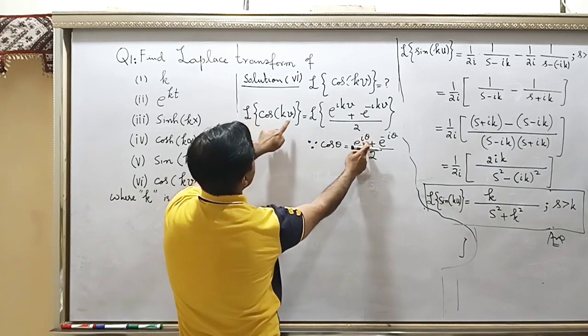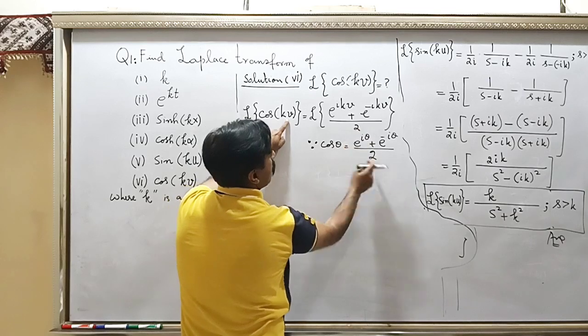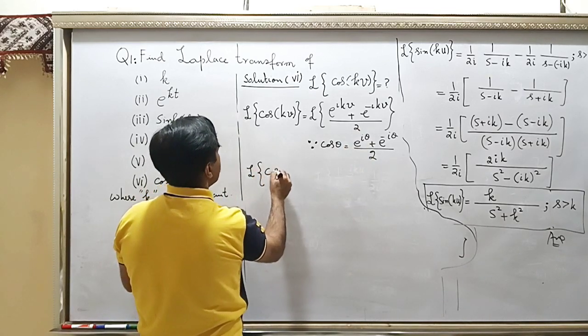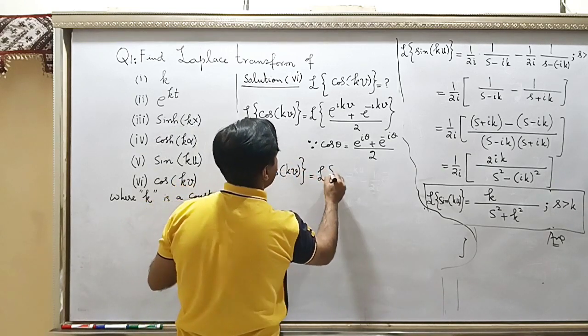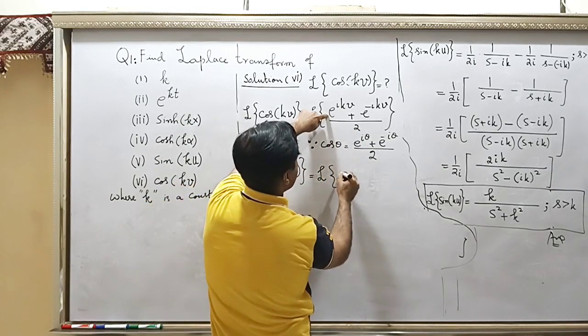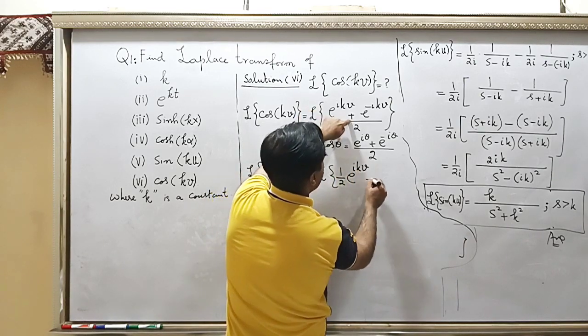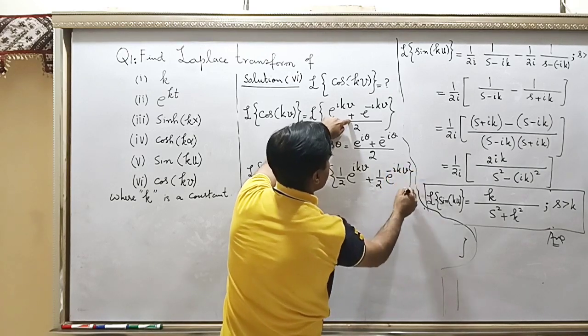And for theta you have kv. That's why here kv, and 2 is from the formula. Now separate the denominators again, and you have 1 over 2 e to the power i kv, plus 1 over 2 e to the power minus i kv.